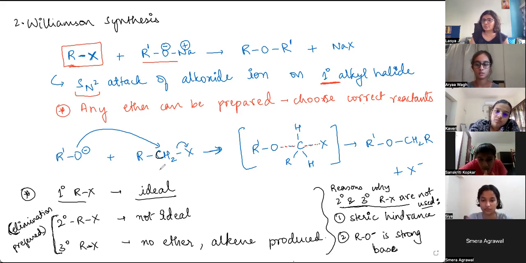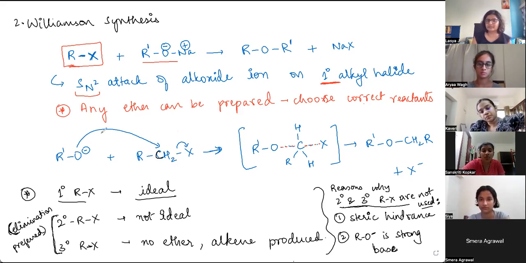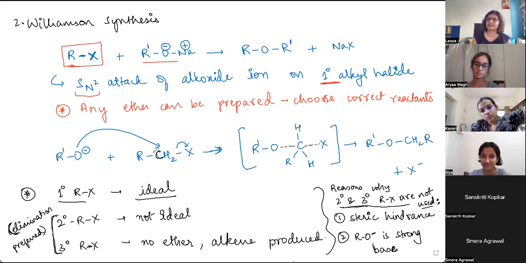That's going to make it more difficult. So it would rather attack a hydrogen on the outside and trigger the elimination reaction. In the case of primary, it doesn't have that steric hindrance, plus attacking a hydrogen on the outside would create a carbocation which is not really that stable. So it would much rather go ahead with the SN2 mechanism.